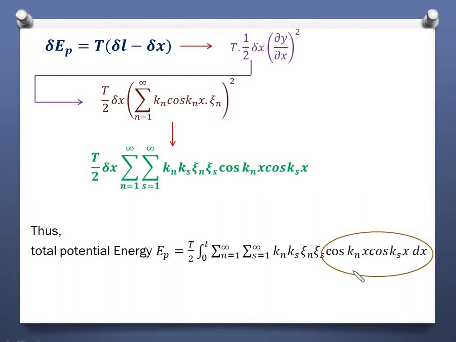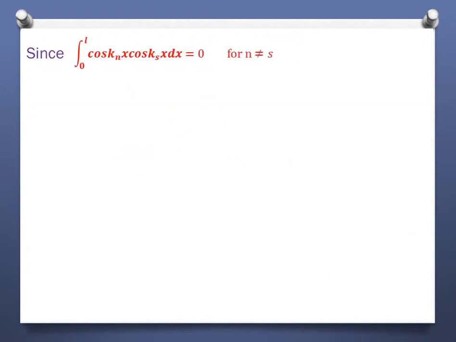Even though it's a cosine term, it has exactly similar properties like a sine function. So the integration of this will be 0 when n is not equal to s, and the integration of this cosine product is L over 2 when n equals s. You can do this integration in exactly a similar manner.